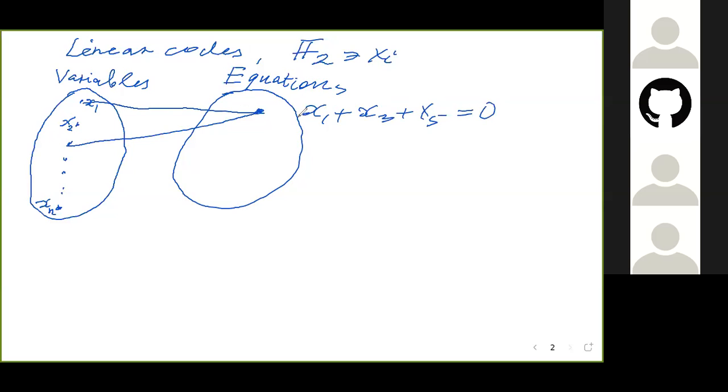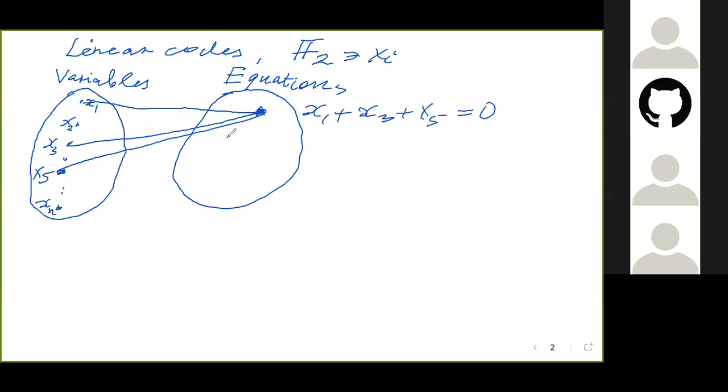For example, this equation is represented by a right node of the bipartite graph, and the edges connect it with x1, x3, and x5. So this is quite general.